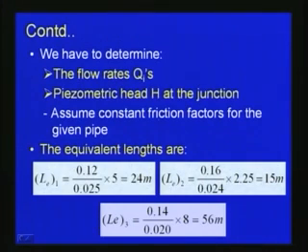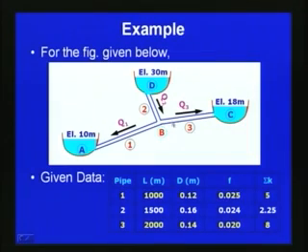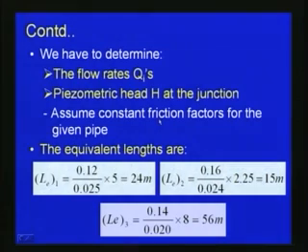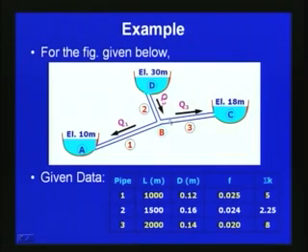For this system we have to determine the flow rates Qi, the flow through each pipe, and the piezometric head H at the junction. So, we want to find Q1, Q2, Q3, and the piezometric head at H. The elevations at A, C and D are given, and also the pipe details like length, diameter, friction factor and sigma k.